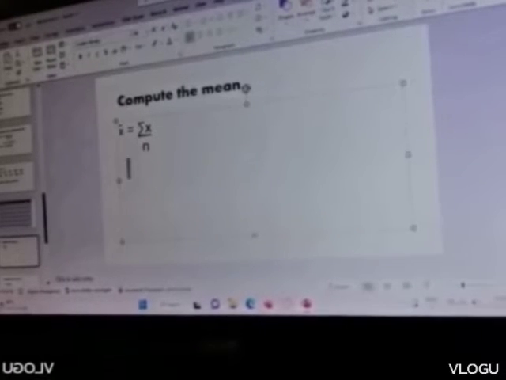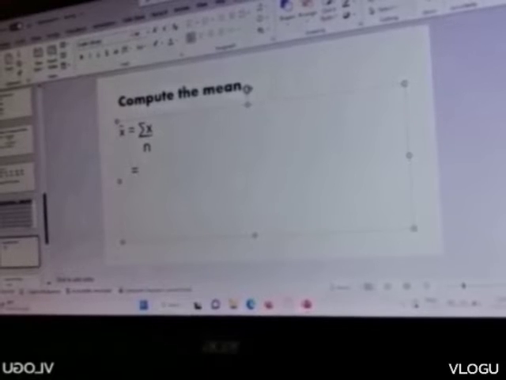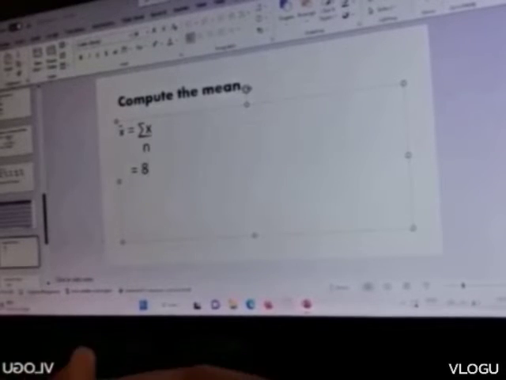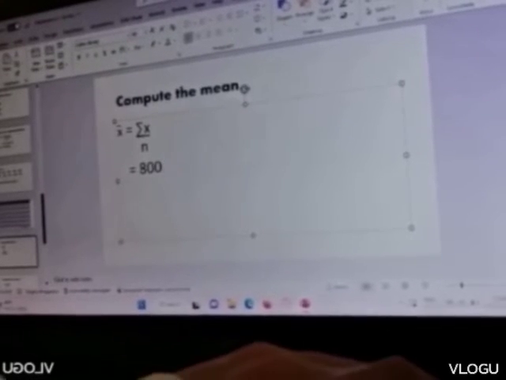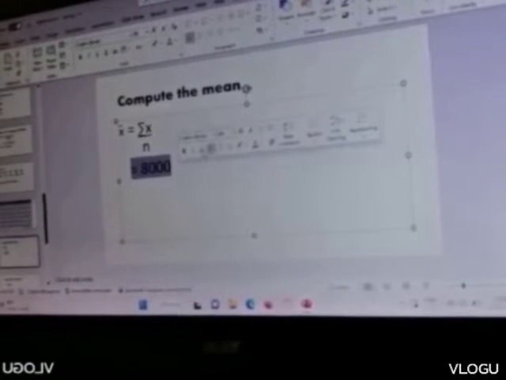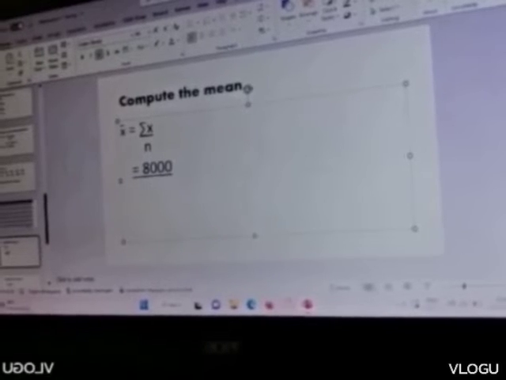Same process. We have to get the mean. 8,000 divided by how many are they given?